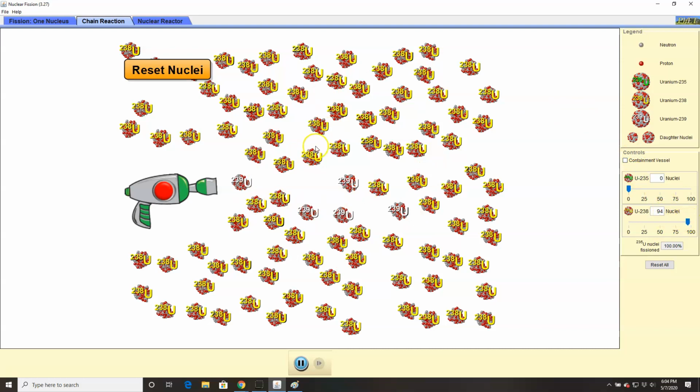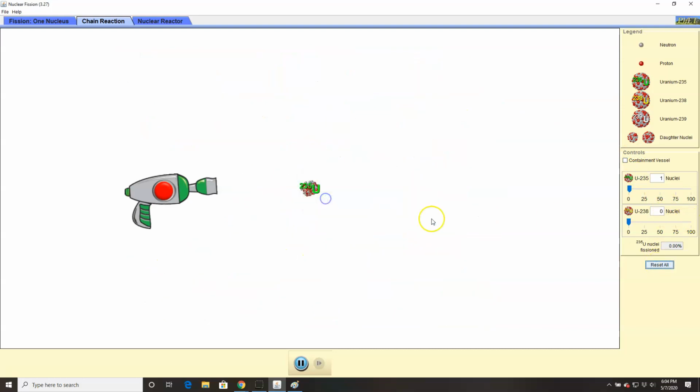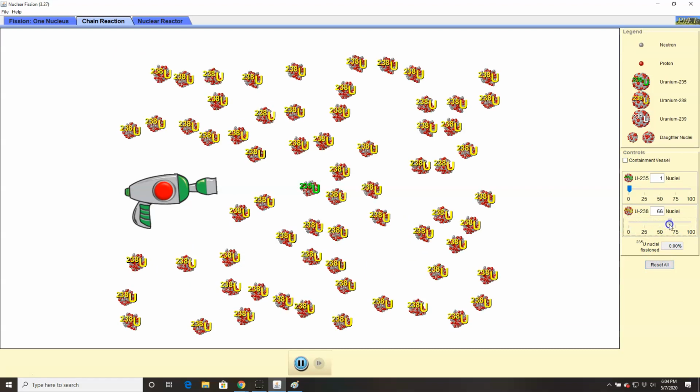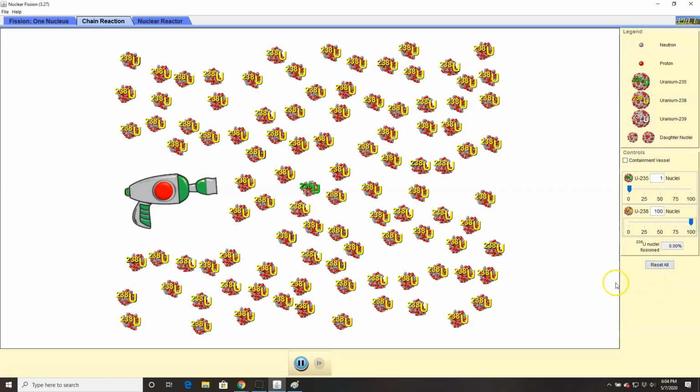You may have heard of a term called enrichment, and the idea is this. This is kind of how we're going to find uranium-235 naturally. It's going to be a very small quantity surrounded by uranium-238.